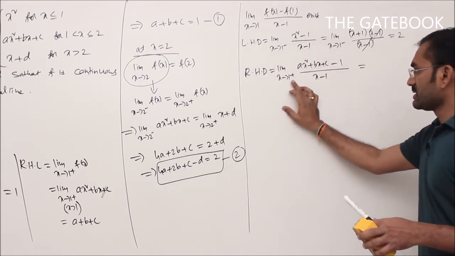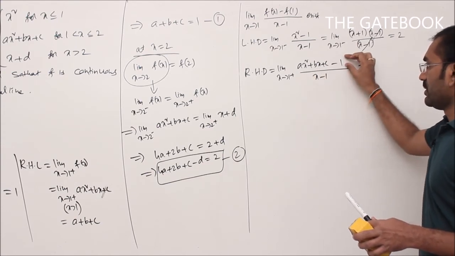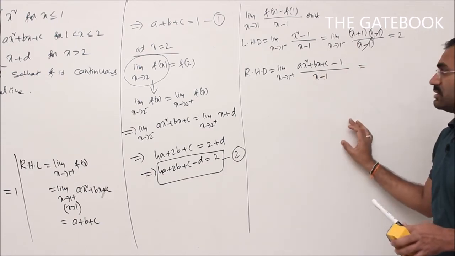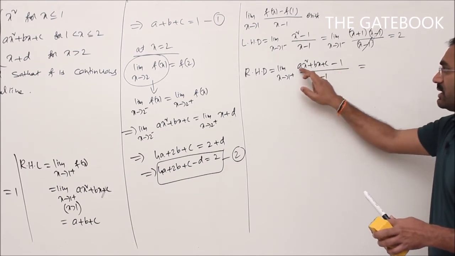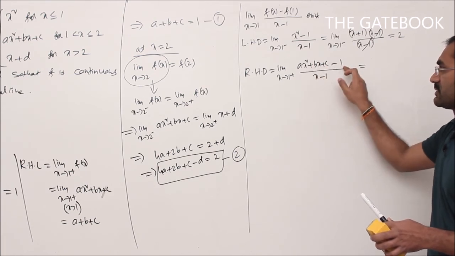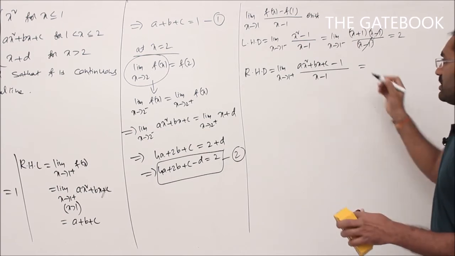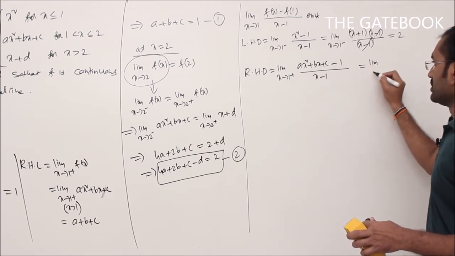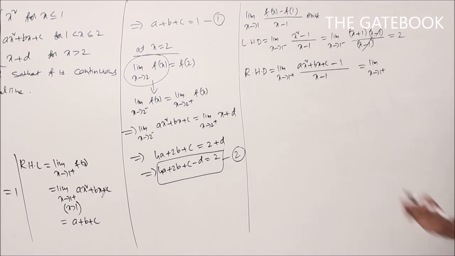So if you replace x with 1, in the denominator we get 0, so the numerator value should get 0 definitely. Then only we can apply L'Hopital rule. So here we get a plus b plus c minus 1 by 0, so definitely that numerator value should be 0. So that is applicable for L'Hopital rule.